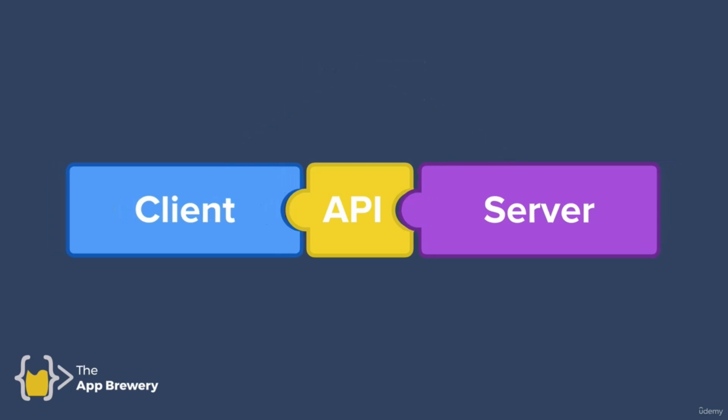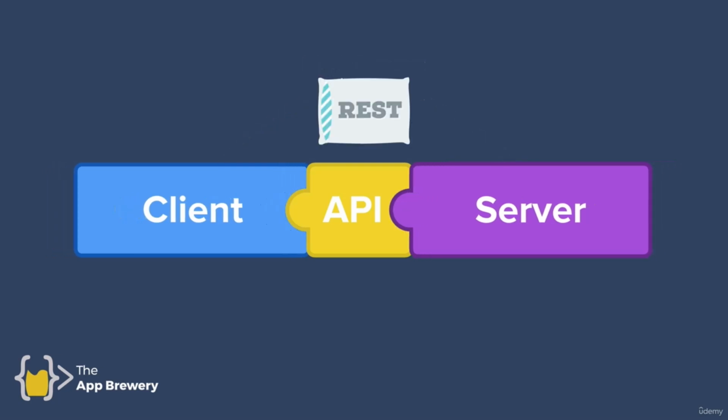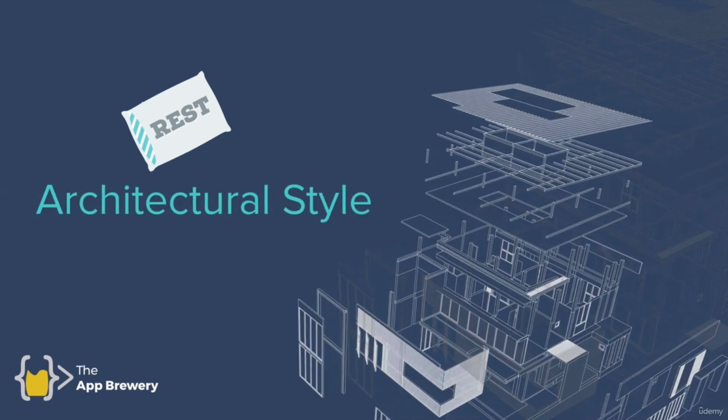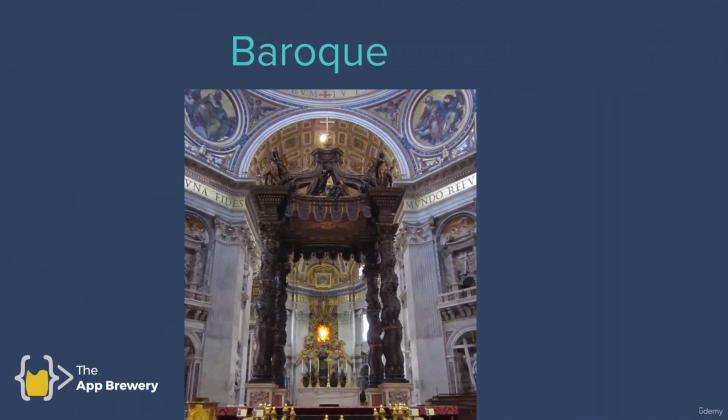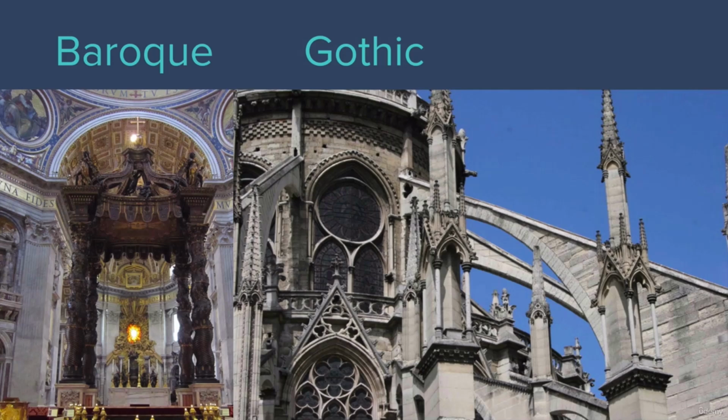So now that we understand all three components, what does it mean to make our API RESTful? Well, REST is essentially just an architectural style. So just as you have different buildings that have different architectural styles, for example, the Baroque architectural style with the nice arches, or other buildings might be built in the Gothic architectural style with flying buttresses and these imposing beams.